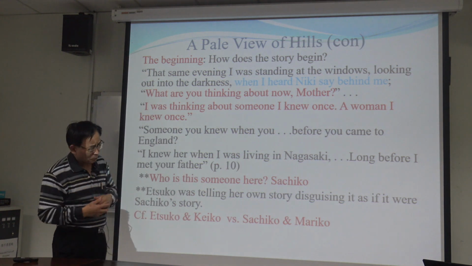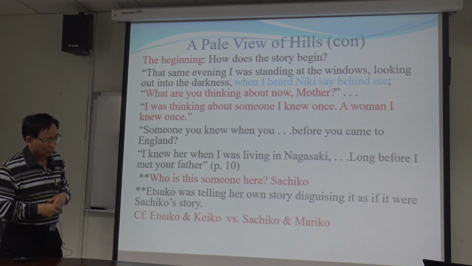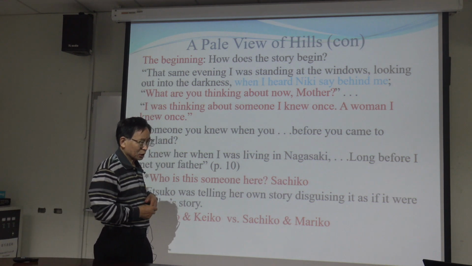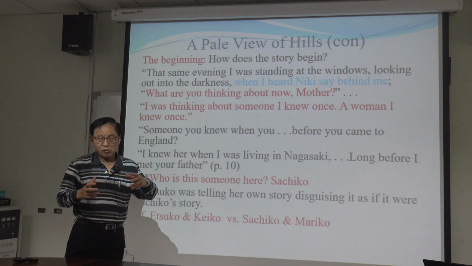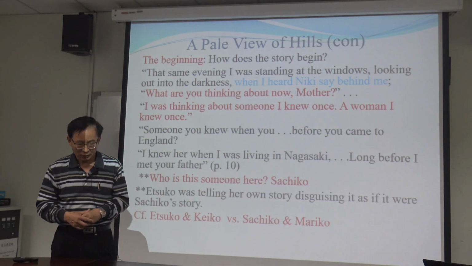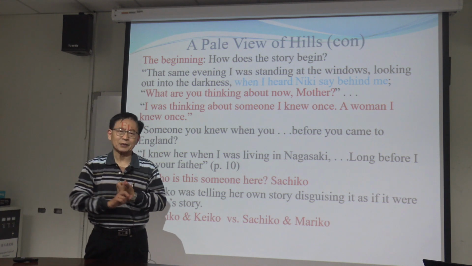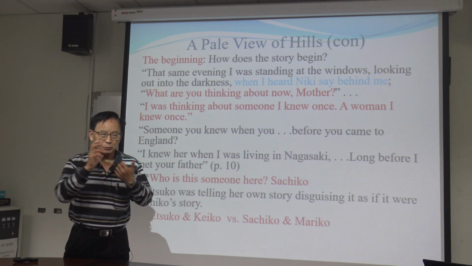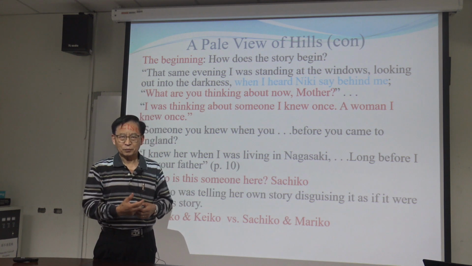And when we talk about the novel, of course, several issues need to come to our mind, especially the major aspects of the novel. For example, the narrator, the storyteller, the perspective, the point of view.